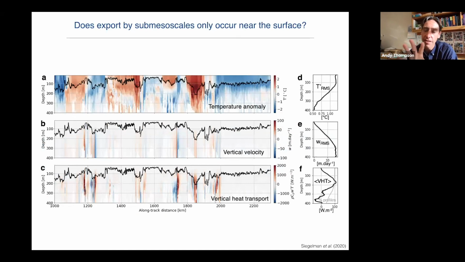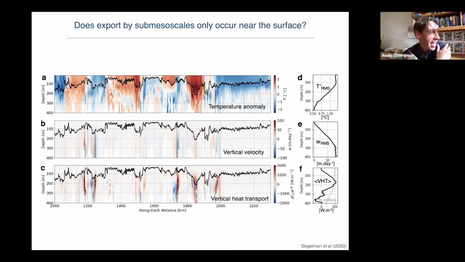I didn't end up showing these slides because it gets into a little bit of detail of how you then take that information and link it to a vertical velocity. If you're interested in that, I can forward on the work that Leah has led over a couple of papers now. But she finds evidence that you will get vertical velocities of order many tens of meters per day in the interior that could have very strong heat fluxes associated with them.